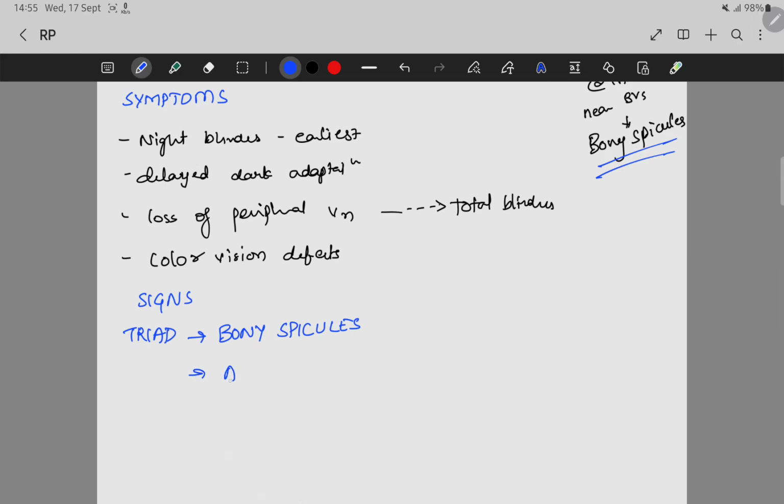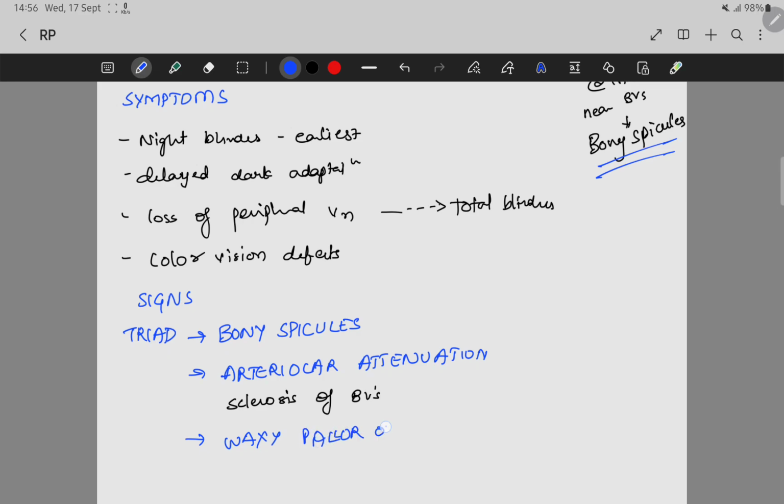Then arteriolar attenuation, so there is sclerosis and thickening of blood vessels, and there is waxy pallor of the disc.